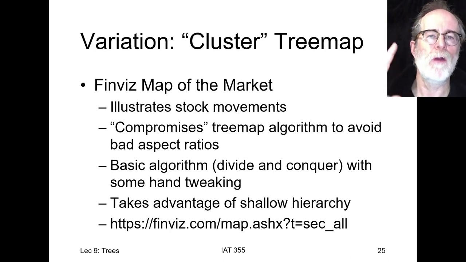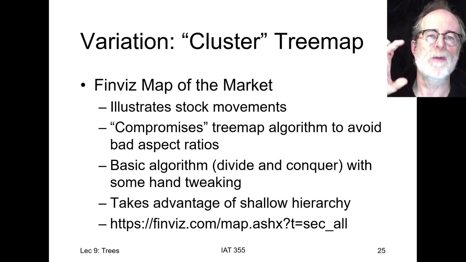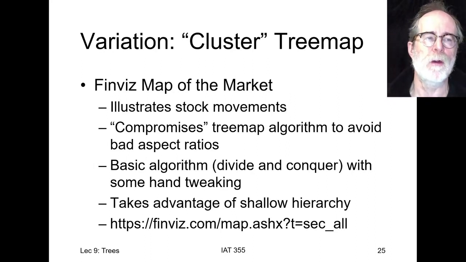And every now and then, when they do an allocation, unless it's just a fixed data set, the stuff that they're tree mapping might come up with different answers on the basis of what is biggest, say, this week. An example of that, of which I'm going to show a few screenshots, is this thing called the FinViz map of the market. FinViz means financial visualization, and what it does is illustrate stock movements, and it uses color for that.